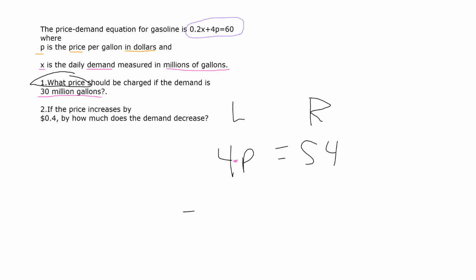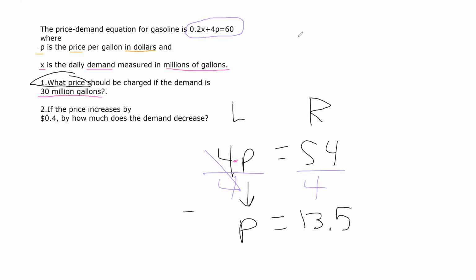The opposite of multiplication is division. I must divide by 4 to get the p alone. 4 divided by 4 is 1. I could write 1p, but I don't need to. I just write p because that is 1p. 54 divided by 4 is something like 12, 13.5. I was just estimating. Yes, 13.5.